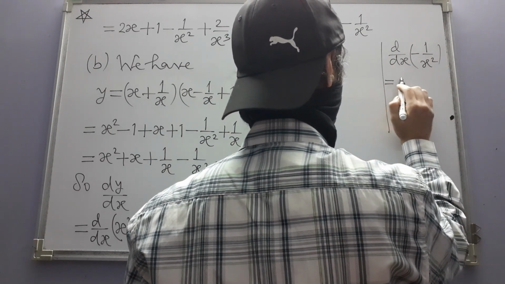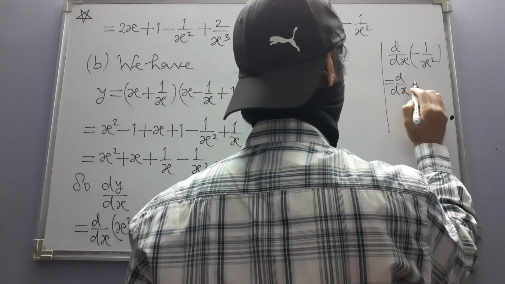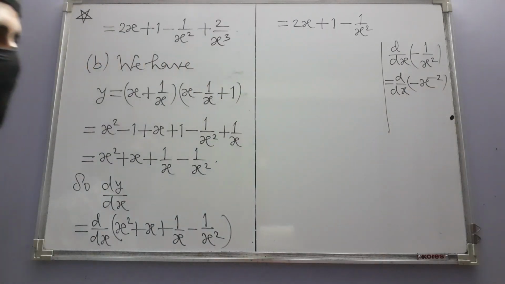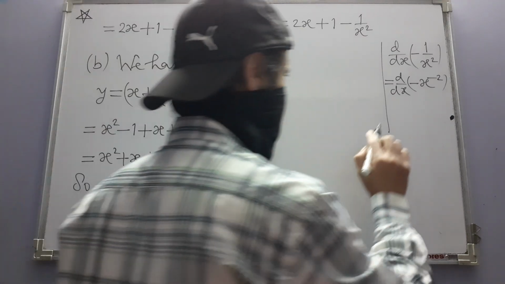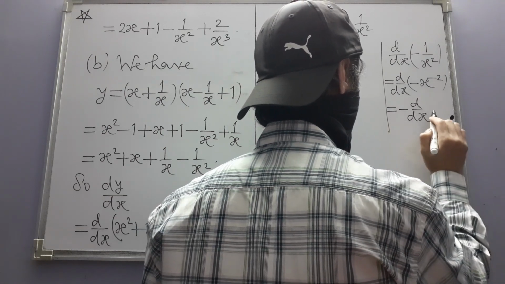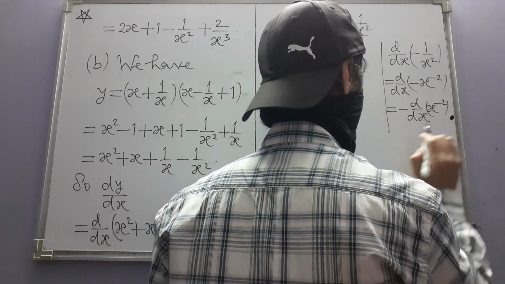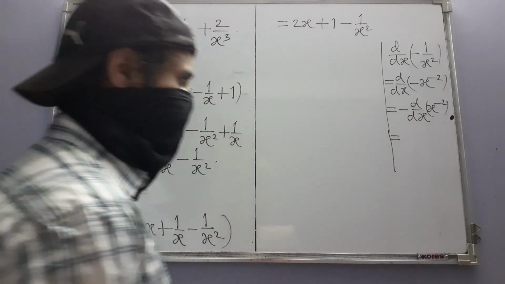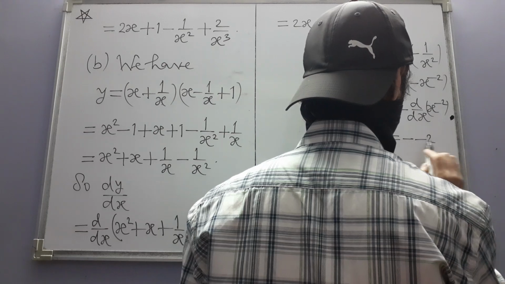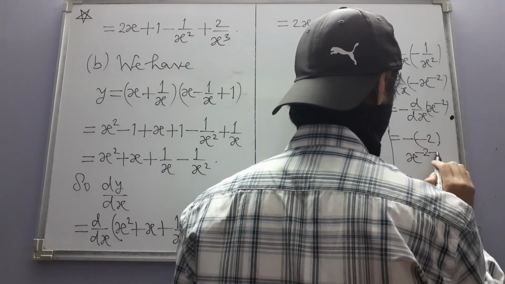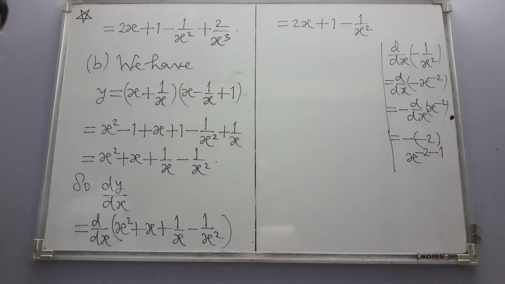Okay. So this is d dx of minus x to the power minus 2. By the constant multiple rule, minus 1 comes outside. And then by the power rule with negative exponent, the exponent minus 2 comes down, and then x to the power minus 2 minus 1, you subtract 1 from the exponent.